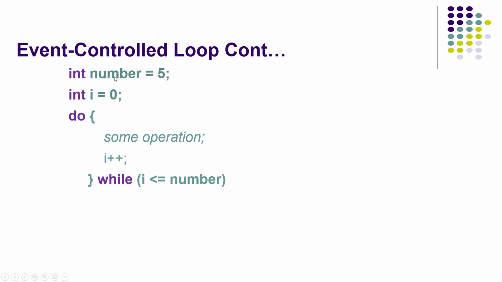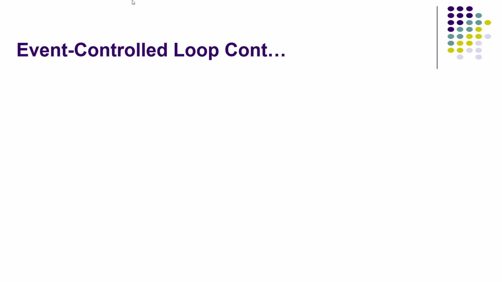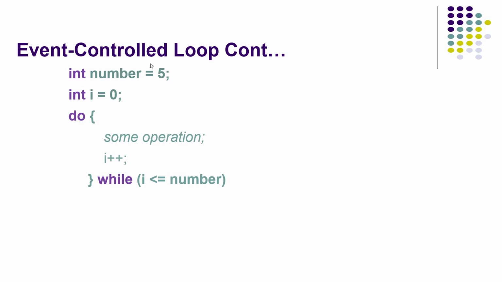It's still an event control loop, but in the do while loop you initialize everything up front, the same as in the while loop, and then you go into do some operation and update the I, while this thing is happening. So while this event is happening, keep doing this operation.